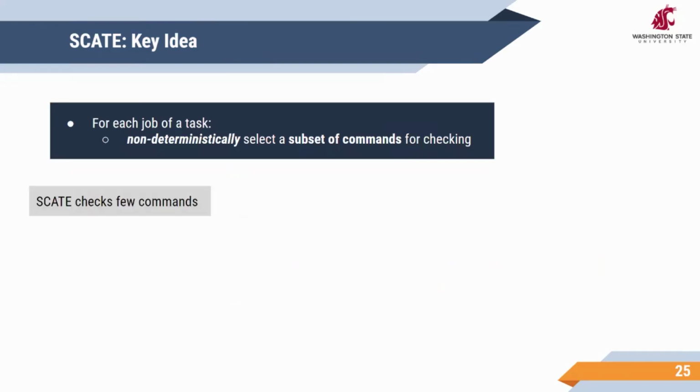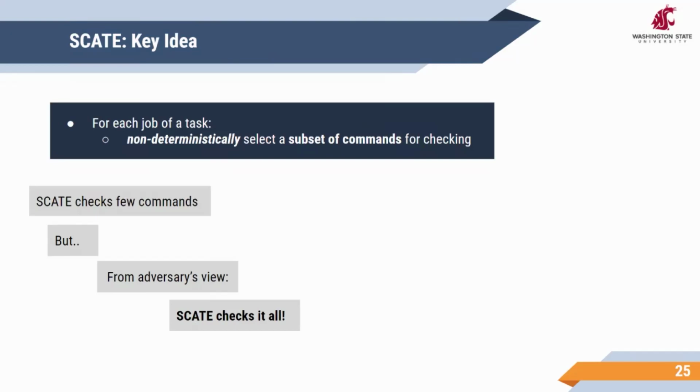So what do I mean by that? Again, we will not check all, we will check only a subset. But from the adversary's point of view, we want to select the set in a way that it seems we check all the commands.